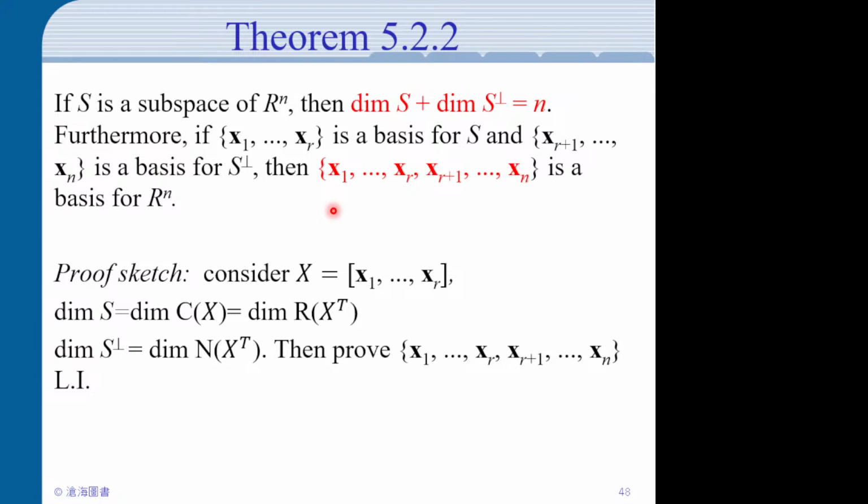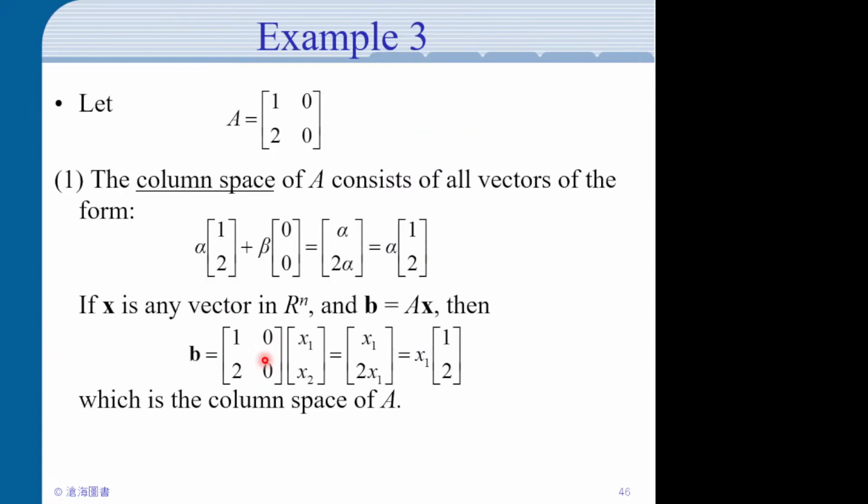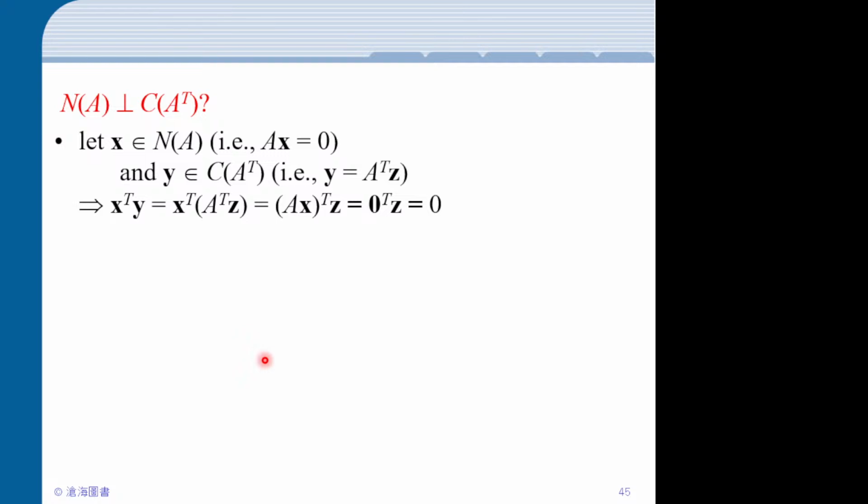And what about S dual? Then we can use the theorem from before. S is the column space of X, so S dual will be the null space of X transpose, just because of the thing we have here.